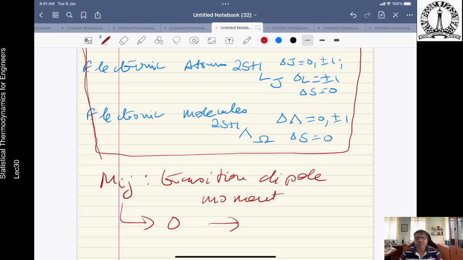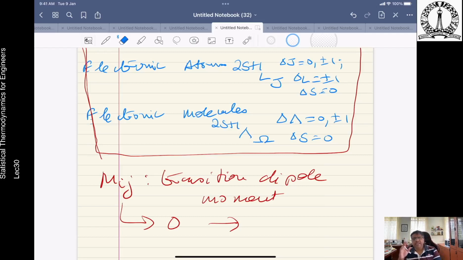So now we have got a very good idea about what the different energy levels are, what a transition dipole moment is, how the transition dipole moment can be evaluated from a perturbed version of the time-dependent Schrodinger wave equation, and what the corresponding transitions are for homonuclear diatomics, which is only electronic spectroscopy or electronic transitions that you can access, not any other transitions.